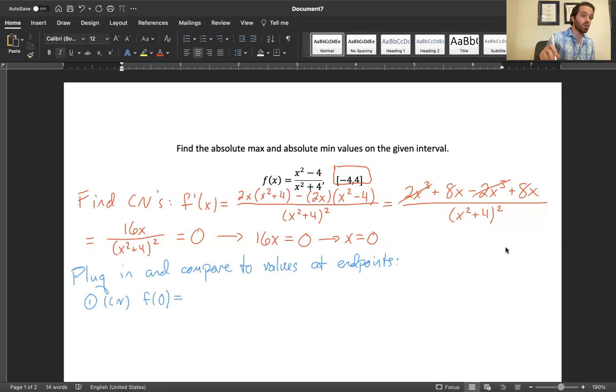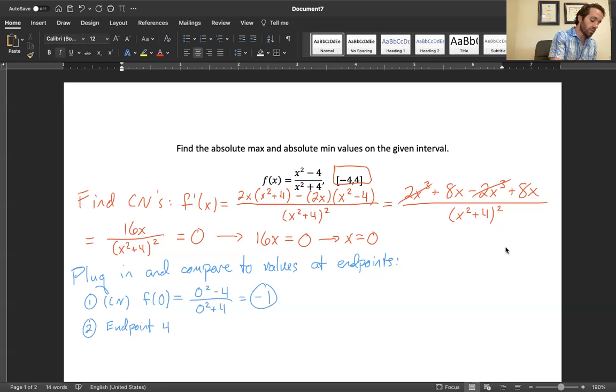Yes, it is f of 0. We want the values of the function. This is going to be 0 squared minus 4 over 0 squared plus 4. That is -4 over +4 for a value of -1. Okay, now we will plug in endpoints.